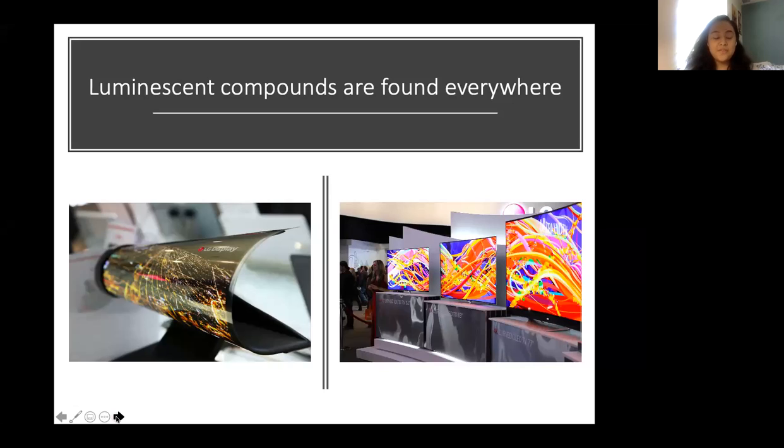So we love phones, we love TVs, we love computer screens, and we especially love organic light emitting diodes, also known as OLEDs. These applications and devices contain luminescent compounds that are the reason that we can absorb the content that we seek. And these luminescent compounds are in an emissive layer in the OLEDs.